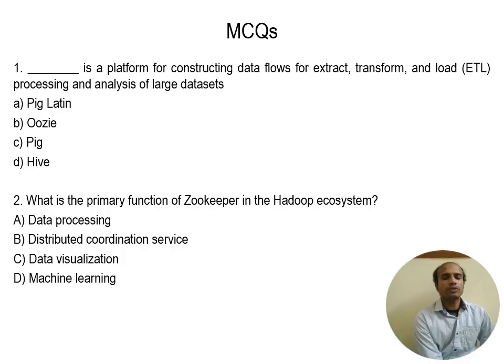So let's move on to the next question. What is the primary function of Zookeeper in the Hadoop ecosystem? The possible options are data processing, distributed coordination service, data visualization, machine learning.